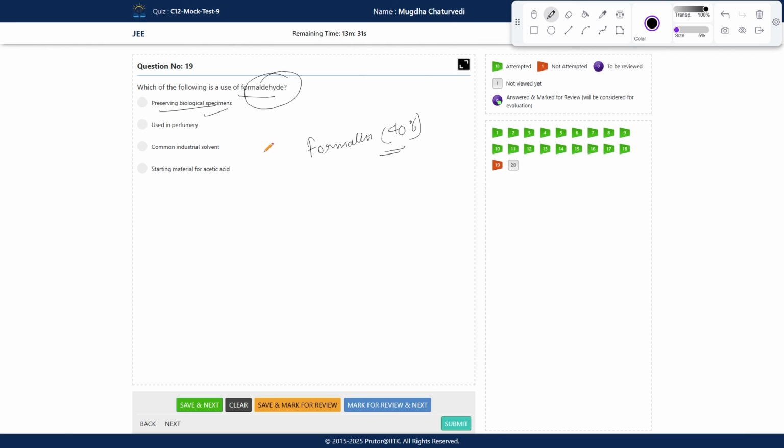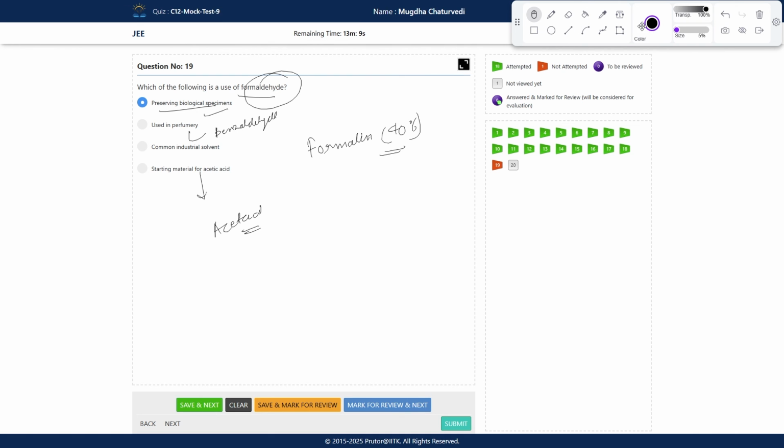If I talk about use in perfumery, that is benzaldehyde, and the starting material for acetic acid is acetaldehyde in this case. So the correct option will be A1, that is preserving biological specimens.